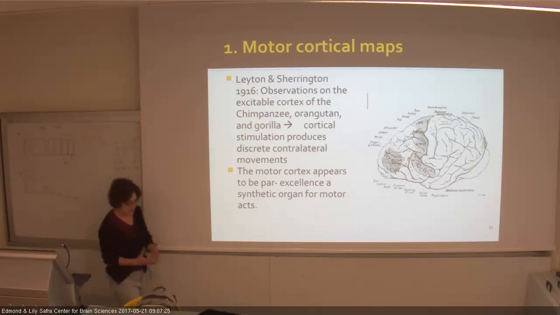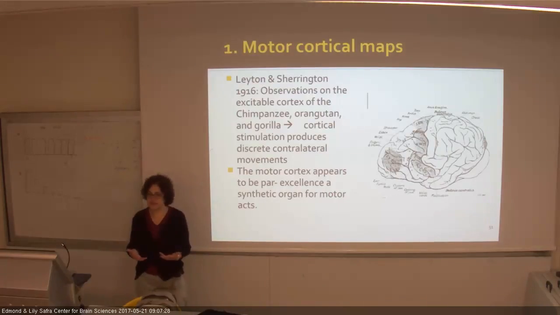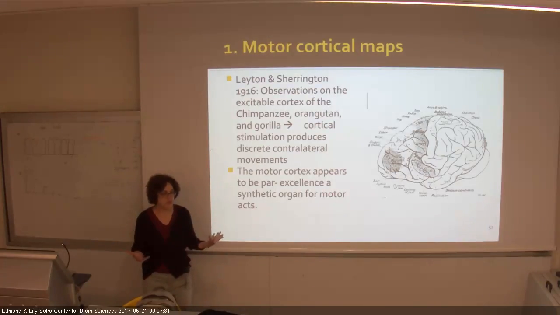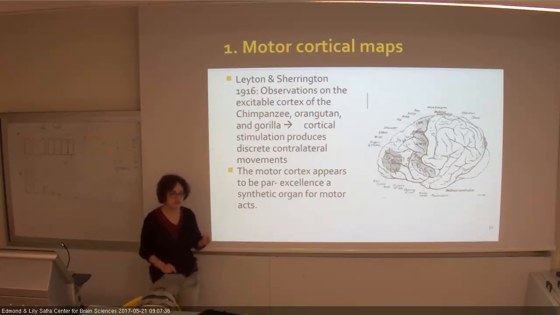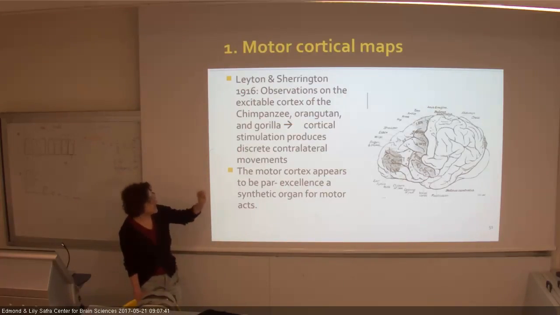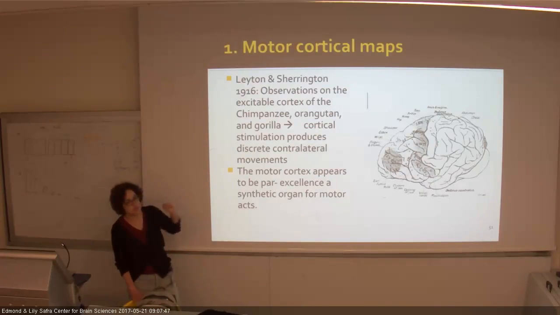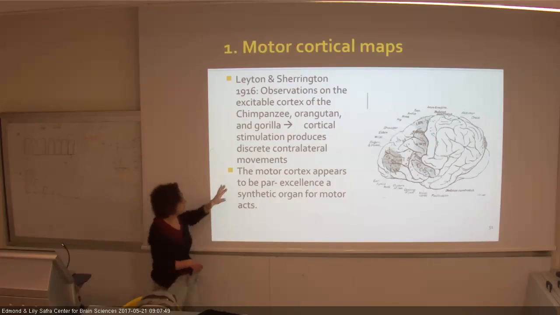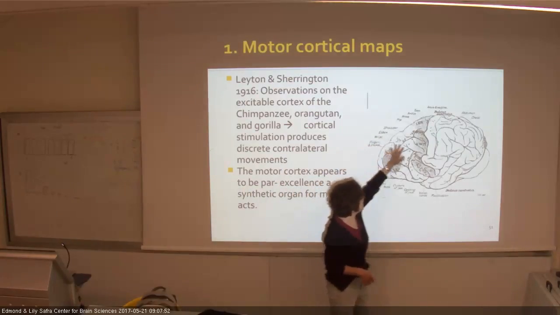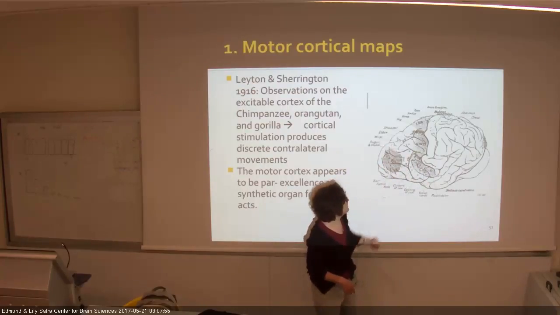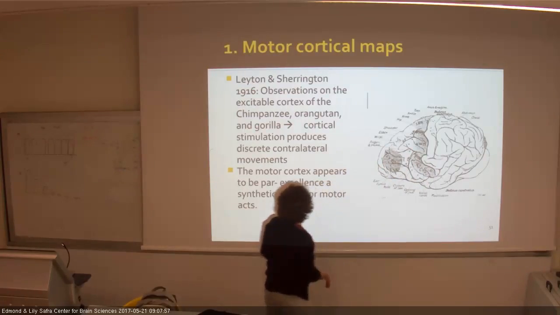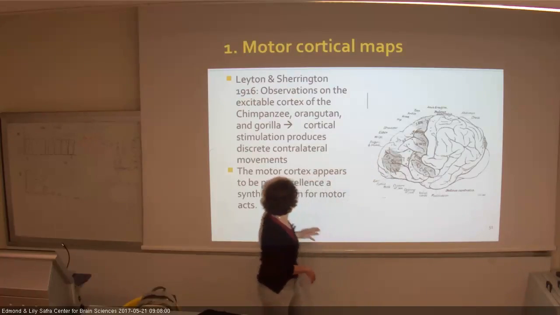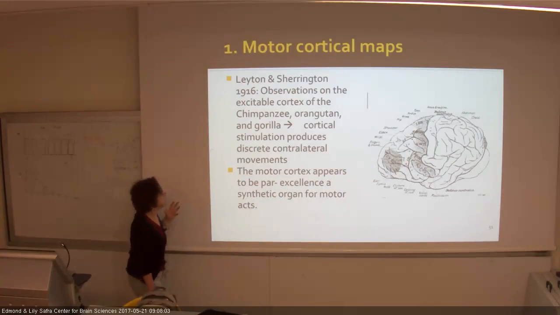At the time people didn't understand anything about the functional organization of the cortex, so they stimulated everywhere, and they found a site in the cortex where stimulation produced a discrete contralateral movement. They mapped it and found there is some sort of rough representation of the entire body on this area. This is shoulder, elbow, and wrist, and they suggested that this is the motor cortex.